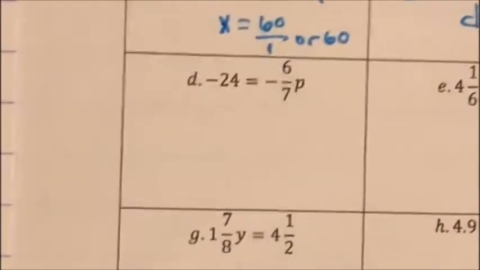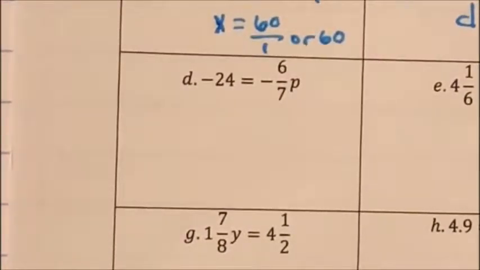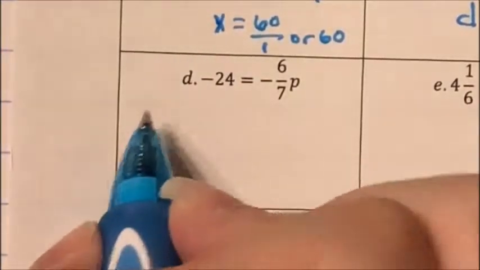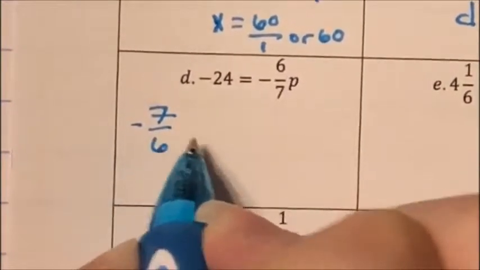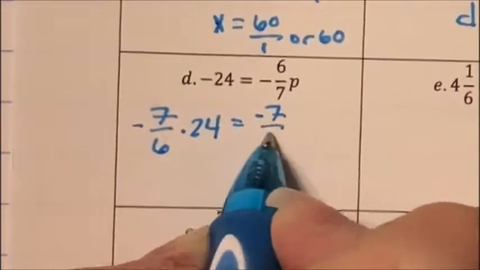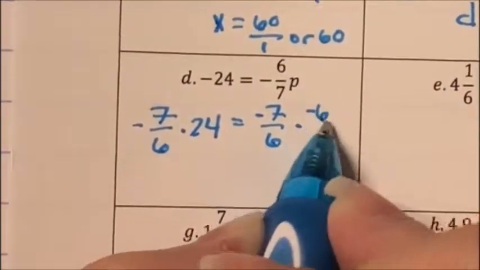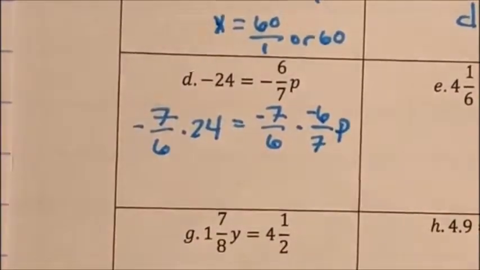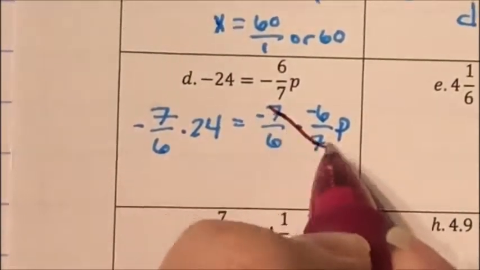Letter D. I have -24 equals -6/7 p. Okay, again, the reciprocal of -6/7 is -7 over 6. So -7 over 6 times -24 equals -7 over 6 times -6 over 7p. These cancel.